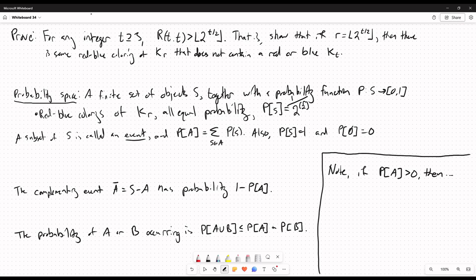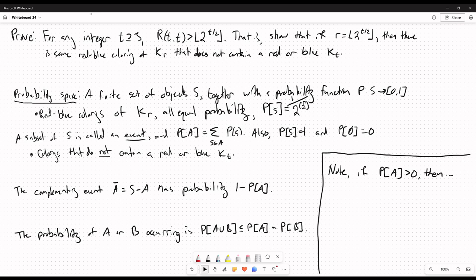So what's our event going to be in this case? Well, we are going to be interested in red-blue colorings that don't contain a red or blue K_t. I think I said K_2, but I meant K_t.